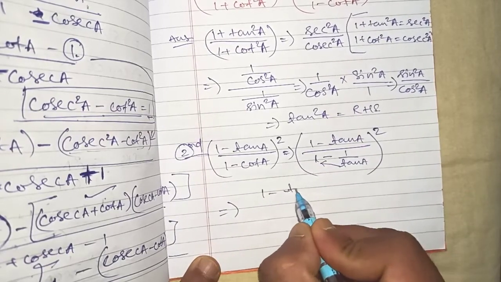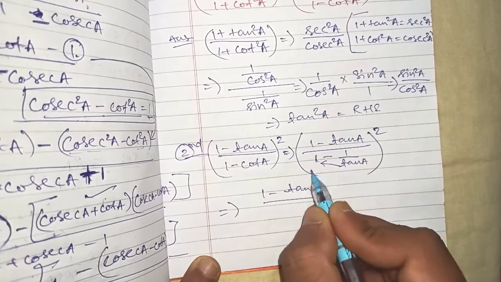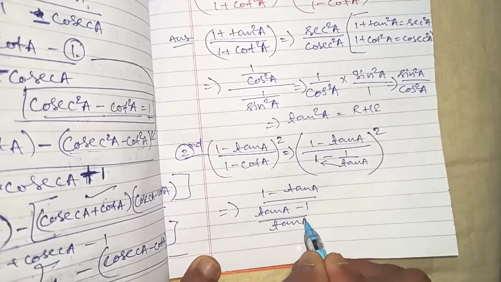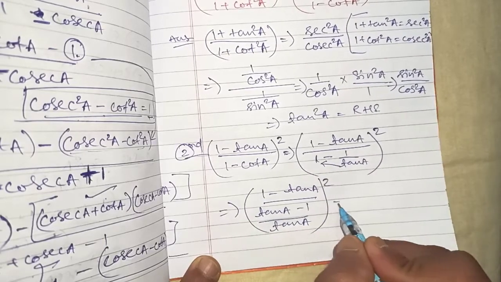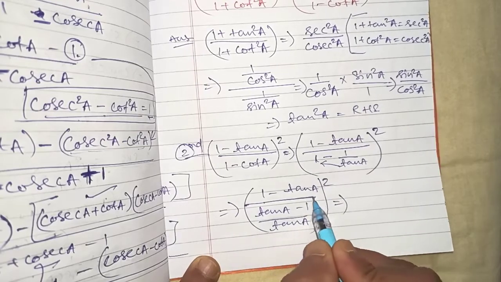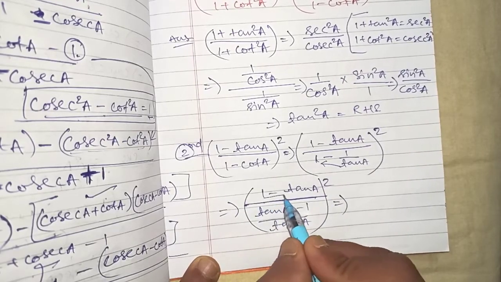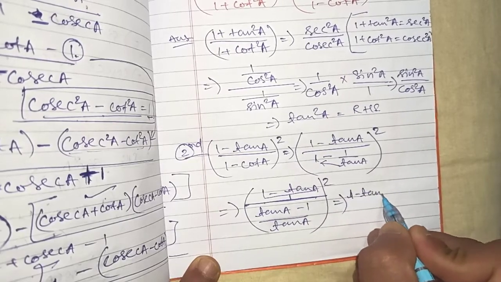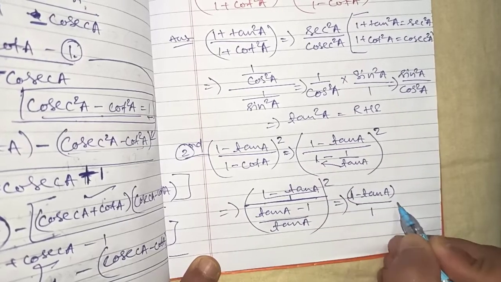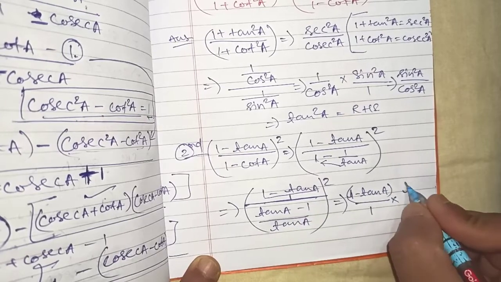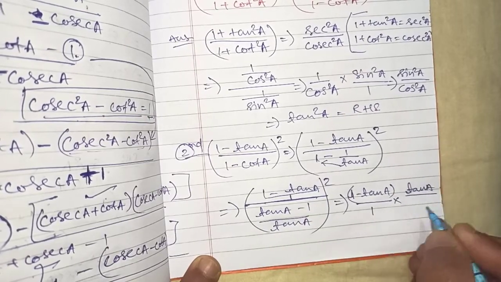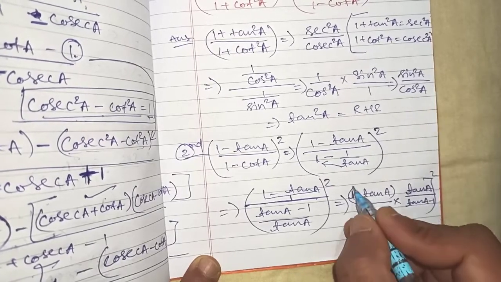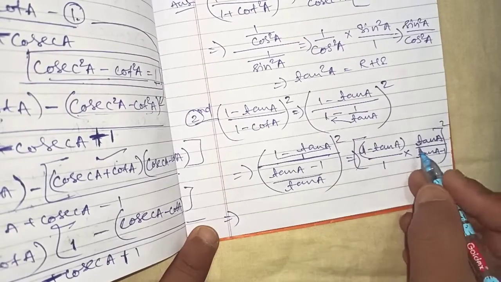So we get (1 minus tan a) divided by (tan a minus 1 by tan a), whole square. Now see here, this is a division line. Here nothing is there, which means we can write 1. So 1 minus tan a by 1 into the reverse, tan a by tan a minus 1, whole square.